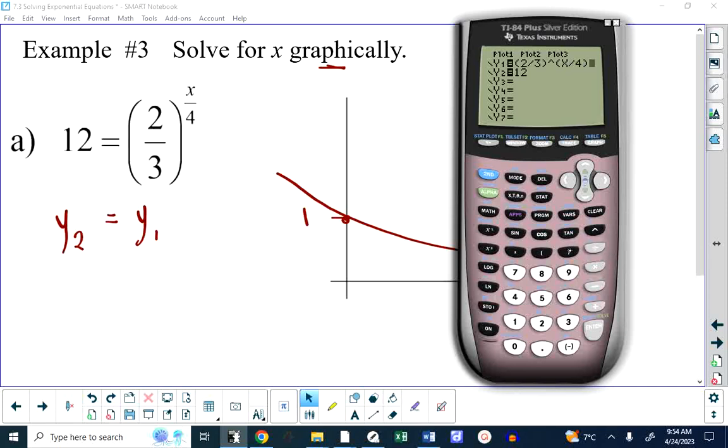Before I graph and before I change any window settings, I'm going to go to my table to see about where it is. And I'm going to start at 0 and go up by 1 automatically. This table thing, once you wrap your head around it, is brilliant. So I can see if I increase x, these numbers are not getting closer together. I'm getting further away from 12. So I go in the other direction.